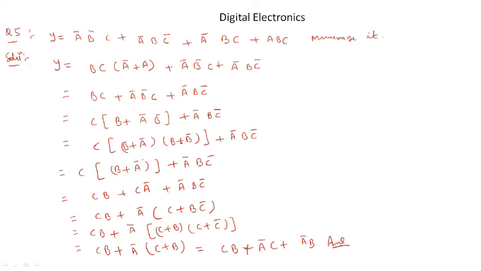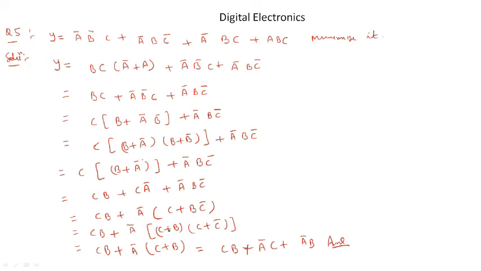Now b plus b bar is equal to 1, so it will be c in bracket (b plus a bar) plus a bar b c bar. If you multiply c here, then you will find cb plus ca bar plus a bar b c bar. Here you can see that a bar can be taken out, so it will be cb plus a bar in bracket (c plus bc bar).